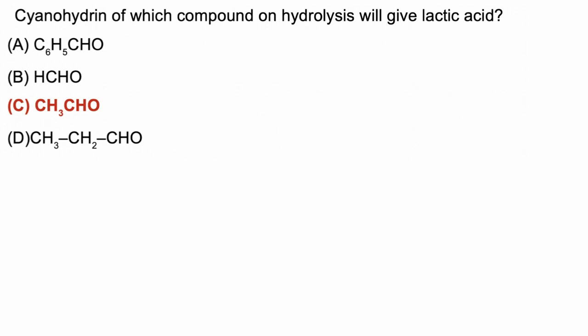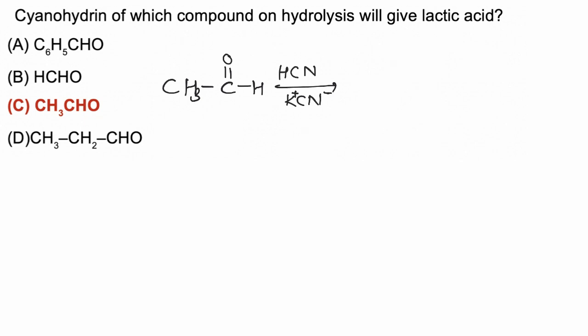In this question we have to find the cyanohydrin of which compound on hydrolysis gives lactic acid. So when acetaldehyde molecule is treated with HCN along with a small amount of KCN, or a small amount of base, now K positive and CN negative are present.